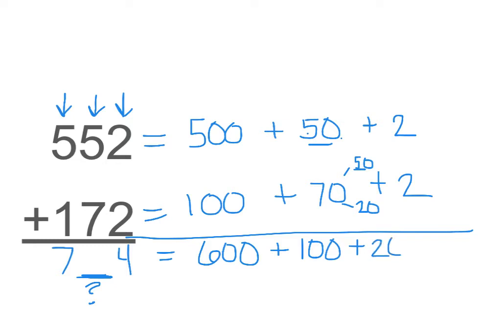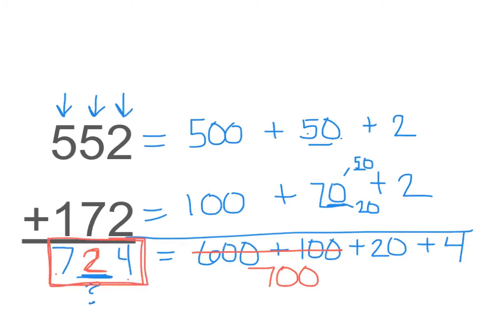And a 20 plus 4. Now I could have looked at 70 and got the 30 out of the 50, so whichever way you like. Combine your 600 plus 100 equals 724. Notice we knew the 700 and we knew the 4, so we figured out the 24. Nice job.